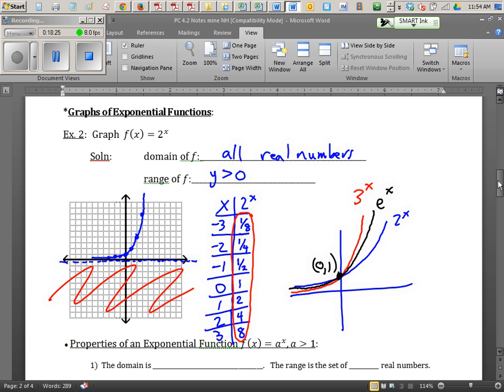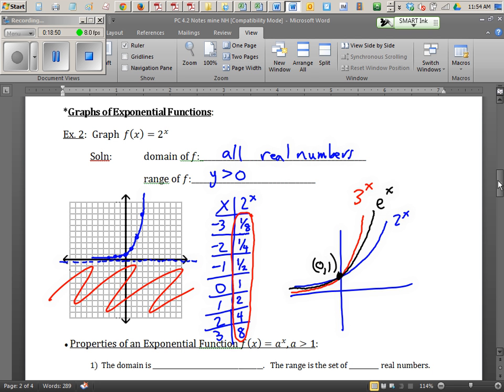If you come into the fraction, or into the negative realm, they all kind of trade roles, because if you do 3 to the minus 1, that's a third, but 2 to the minus 1 is a half, which is bigger. So you can see that the blue curve is actually above the red. See? But just keep in mind that they go in order 2, e, 3 in terms of steepness, and then just kind of sketch the 2 to the x and the 3 to the x, and then try to squeeze the e to the x in between them.